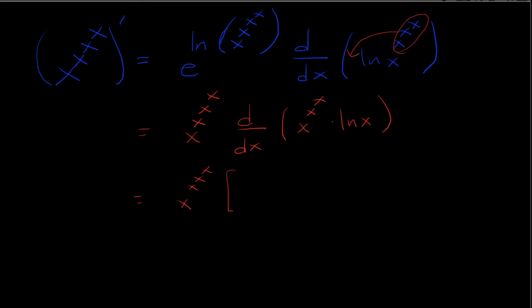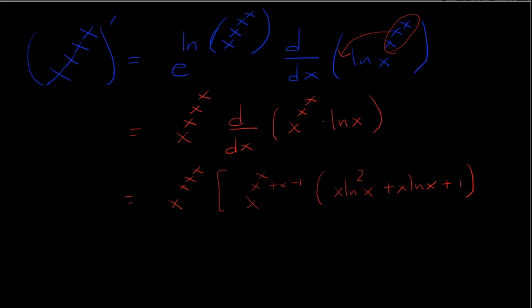Okay, now I'm going to use a product rule. So I'm going to first take the derivative of x to the x to the x. So using the previous results, we know that it's x to the x to the x plus x minus 1, okay, times x times ln squared x plus x ln of x plus 1.